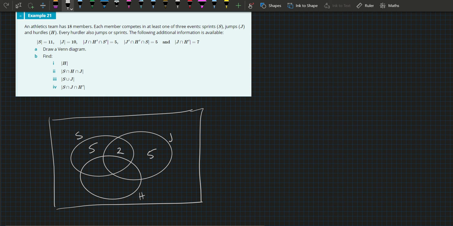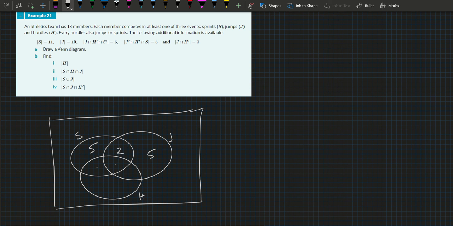Yep. Well, I can think about this then. So how many people sprint in total? So this is the 2 for not there. So the people who sprint in total is 11. So these 2 is 7. So it has to be 4 in total for this one and this one.